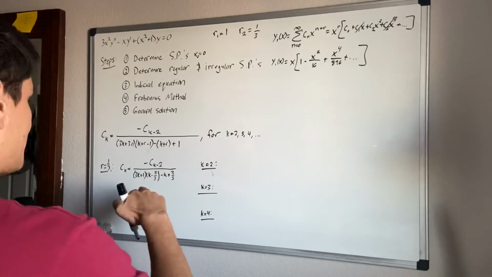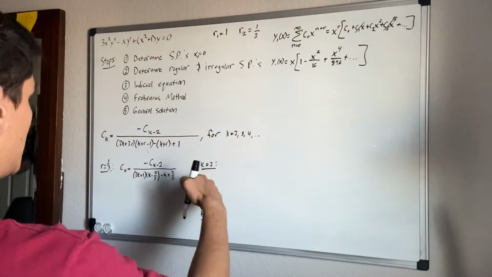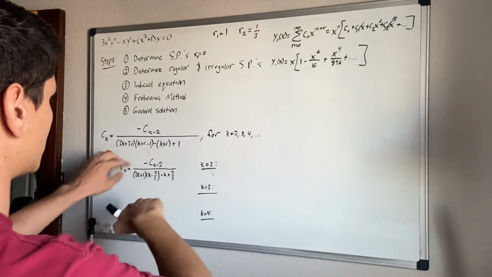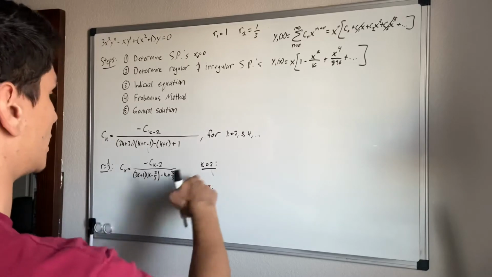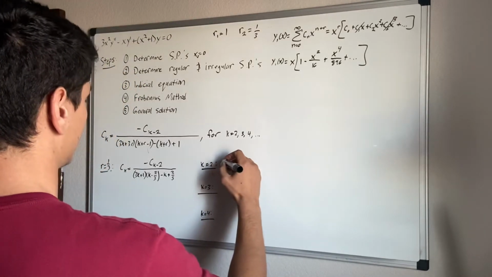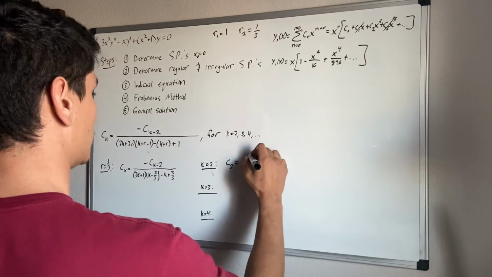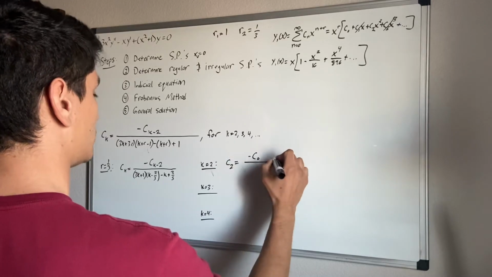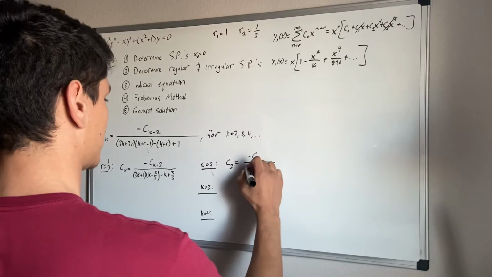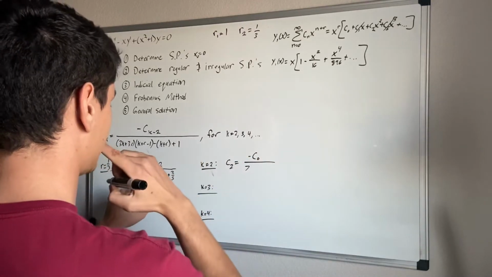So now we have a different recurrence relationship with a different value of r. So now we can start solving for this recurrence relationship. Whenever k equals 2, c sub 2 equals negative c sub 0 over 3 times 2 is 6 plus 1 is 7 times k minus 2/3.